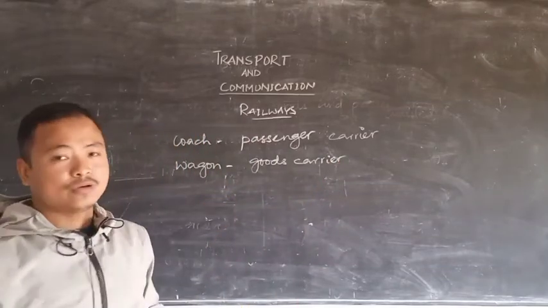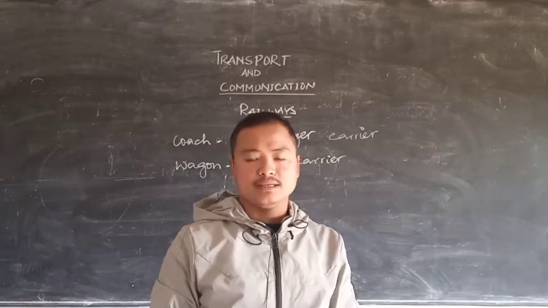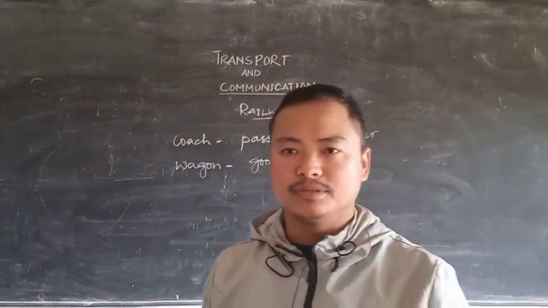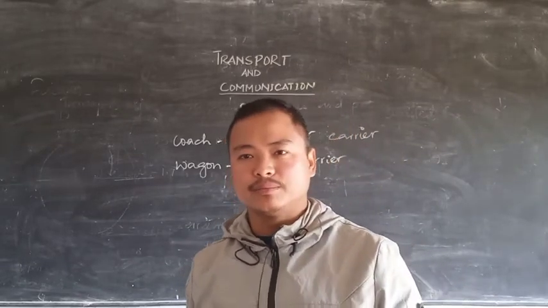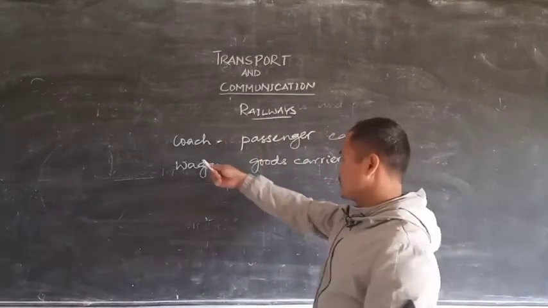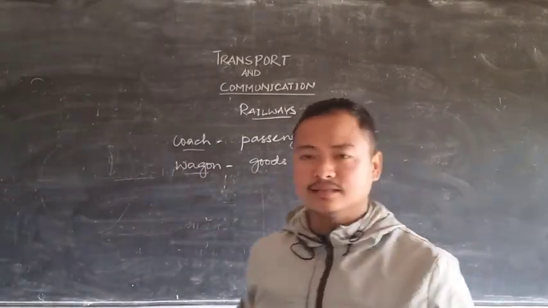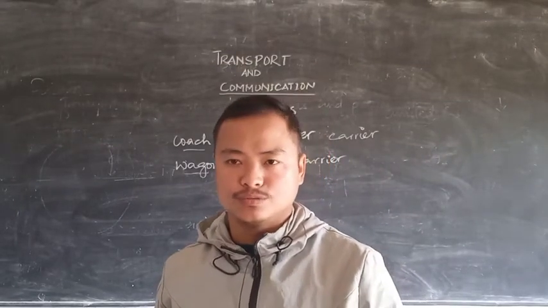So when we talk about coaches or passenger carriers, we very well know it as common class traveling. We find sleeper berths, or you have ACs and non-ACs, all compartments where passengers are carried, which we call coach. While wagon is mostly a goods carrier, and this goods carrier or wagon can either be open or closed.